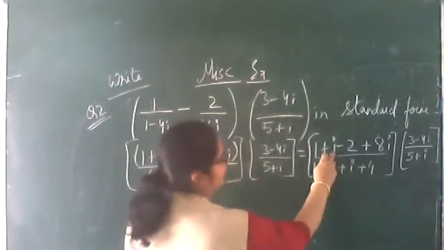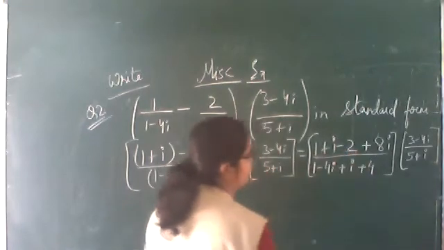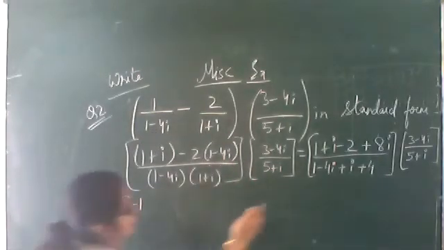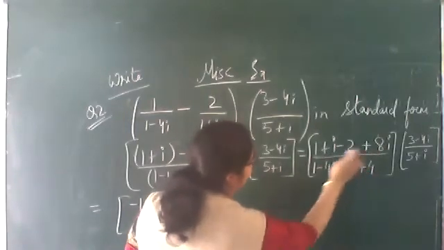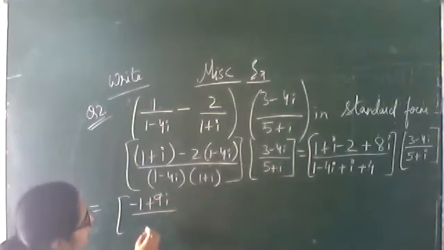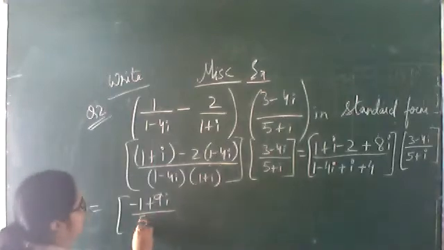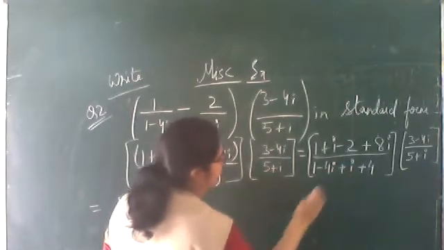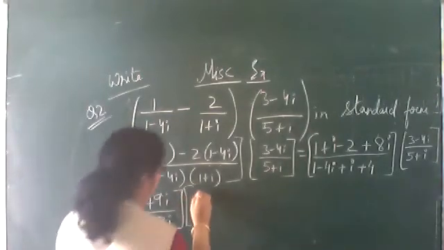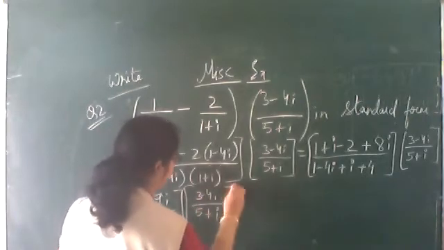Then what it will be? 1 plus iota, 1 plus minus 2 will be, these are the common terms, 1 and minus 2, minus 1. So you write down here, this is equal to minus 1, 8 iota plus iota, minus 1 plus 9 iota upon, in denominator what we will have? 1 plus 4 is 5, minus 4 iota plus iota is minus 3 iota, multiplied by 3 minus 4 iota upon 5 plus iota.